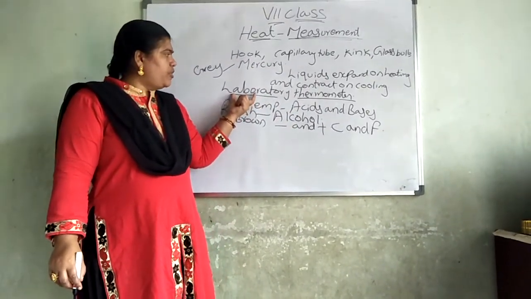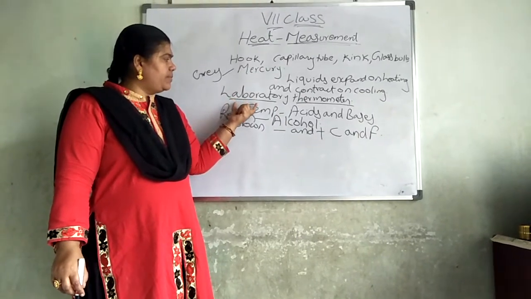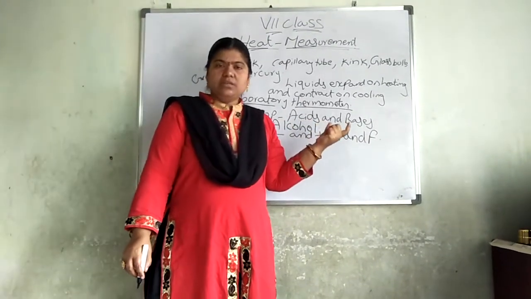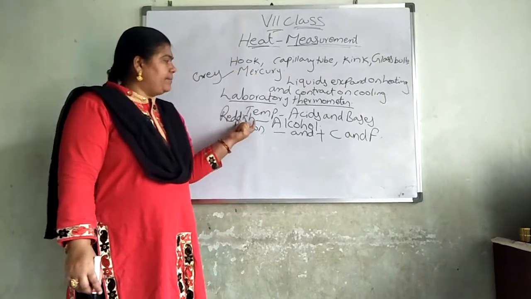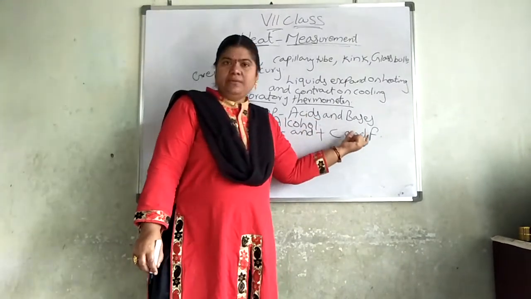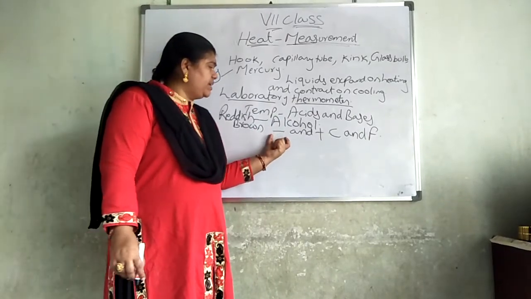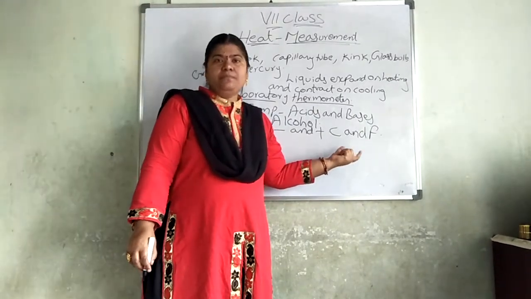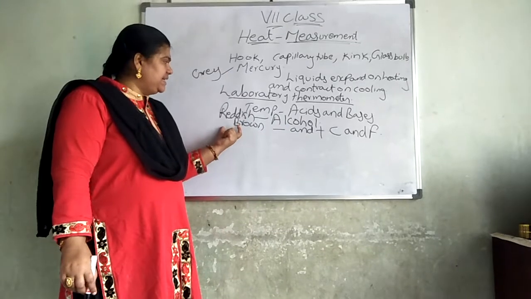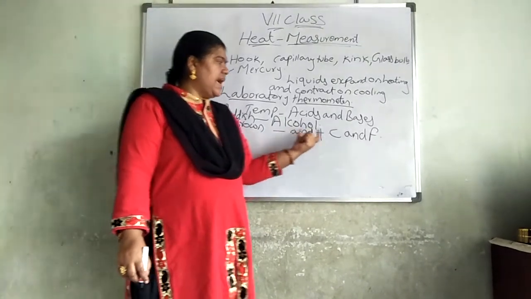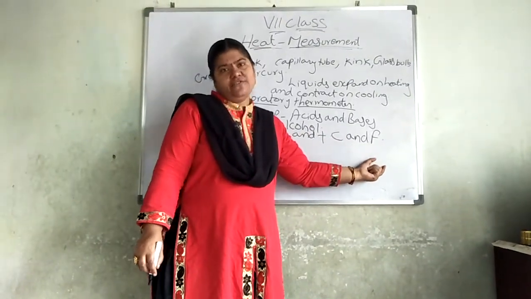For what purpose are we using this laboratory thermometer? The laboratory thermometer is used to know the temperature of acids and bases. It has minus and plus values, and it is in Celsius and Fahrenheit scales.